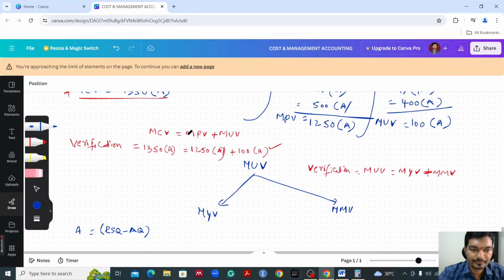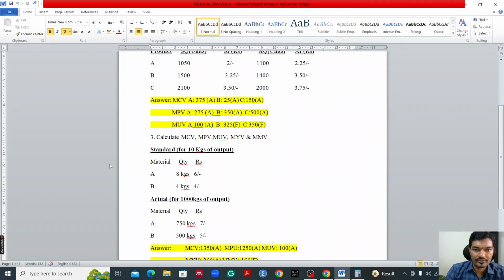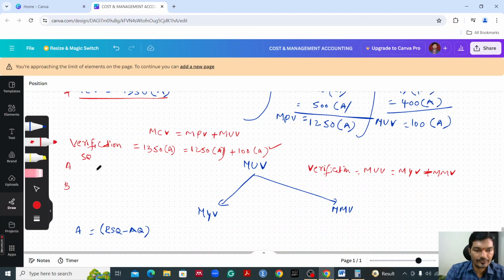We'll write the sum here. Sum, material A and material B. The values given in the sum, the standard quantity is 8. This is for 4. So to find out this revised standard quantity, first we need to find out the ratio between the standard quantity given in the sum.